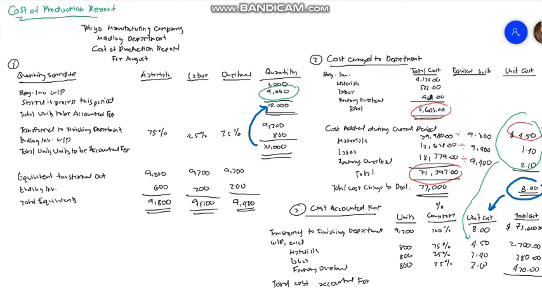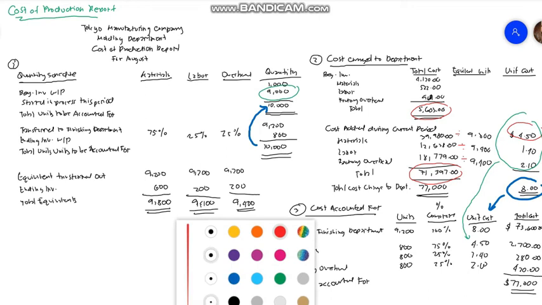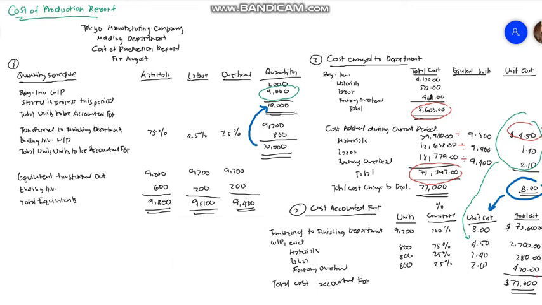So when you add those up, the total accounted for is $7. You'll know if you got the correct answer because this one and this one is in total. Okay. Now, if you're asked how much is the cost accounted for the work in process inventory, then you just add these three.